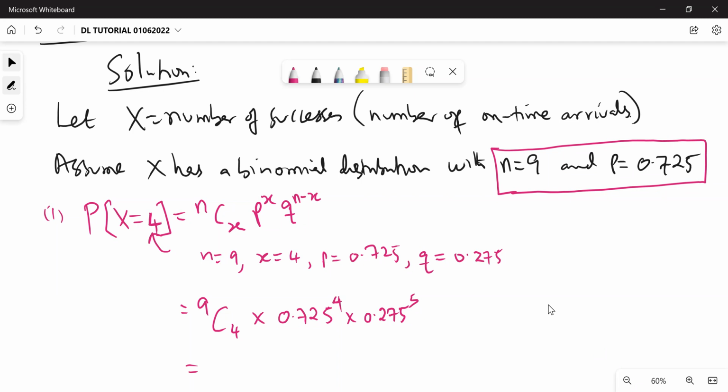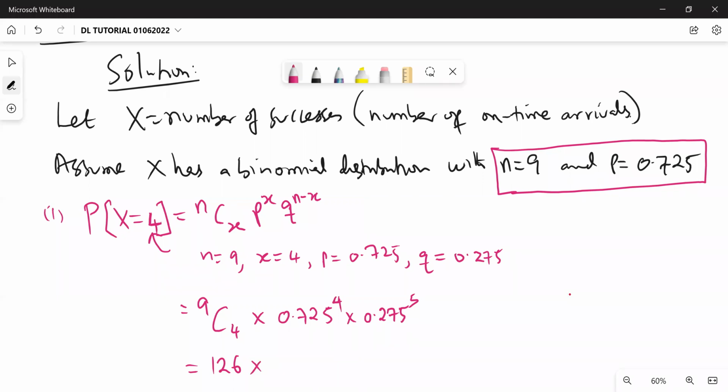So you can evaluate that. If you take 9 combination 4 on your calculator, you should get 126. Usually you don't have to do bit by bit, but I'm just doing that for the sake of illustration.